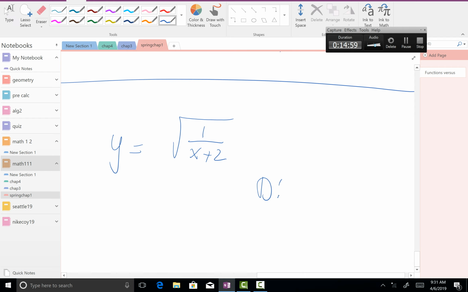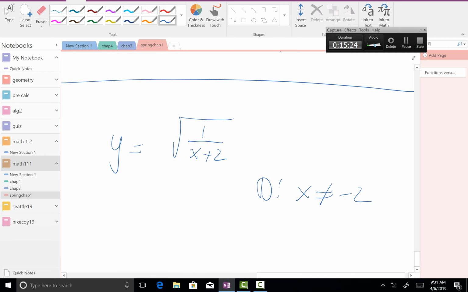First of all, what can't we have in the bottom of that fraction? Forget the square root, just look at the bottom of the fraction. Can't have 0. So x cannot be what number right now? Negative 2.